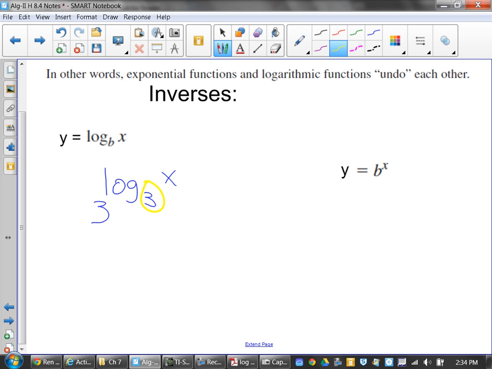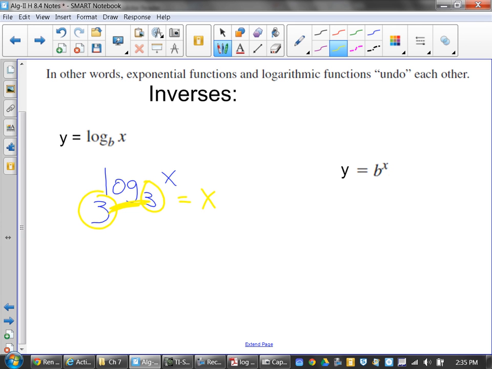You just get x. These two values here are the same base. One of them is the base of the log, the other is the base of the exponent. In order for these things to undo one another, that occurs. When that occurs, that x value just drops, and it simplifies out to equal x. That's how you undo one another.